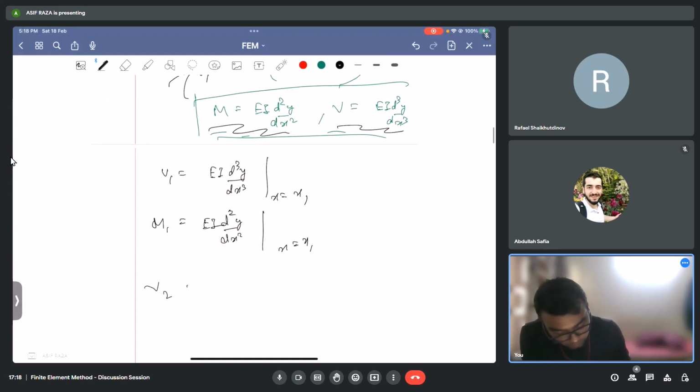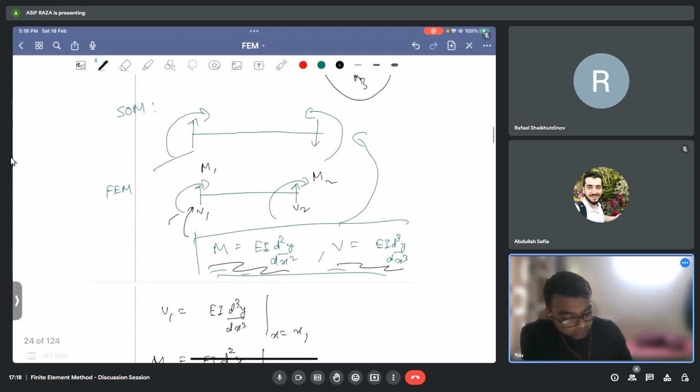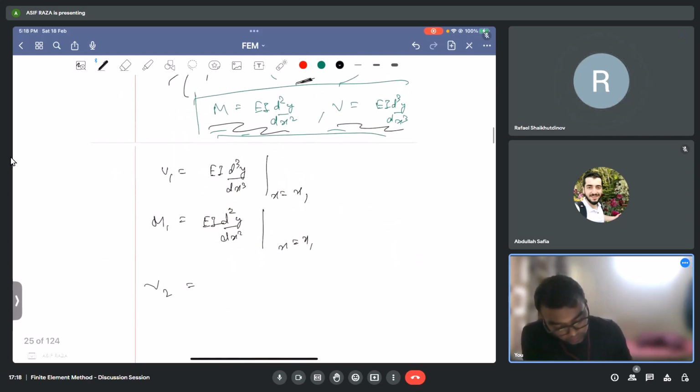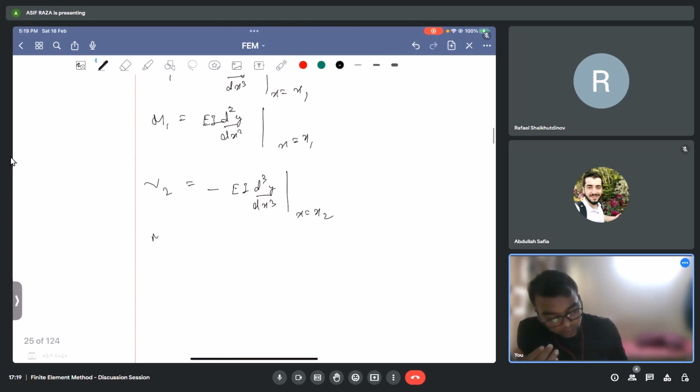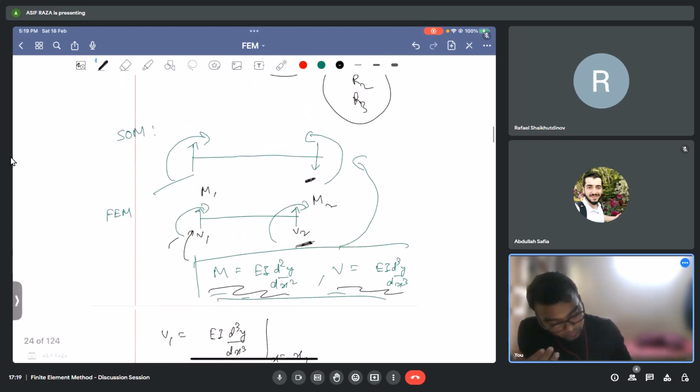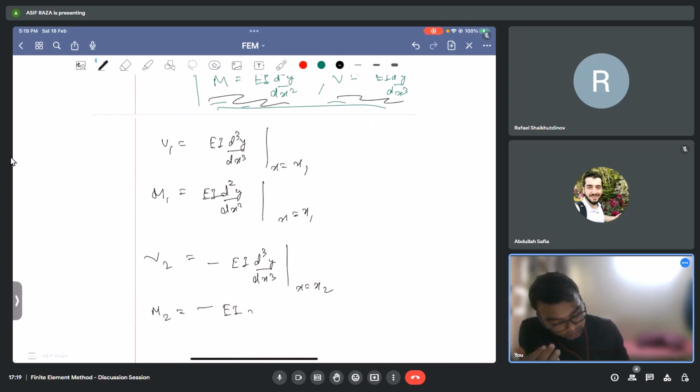But for V2, we have a different sign convention. EI d cube y by dx cube would have been with respect to strength of material, but to get the same sign convention, we take minus here. Likewise for M2, we take minus EI d2y by dx square at x equal to x2.